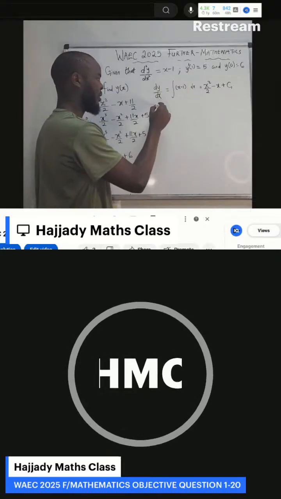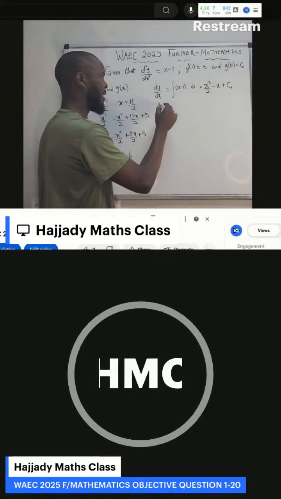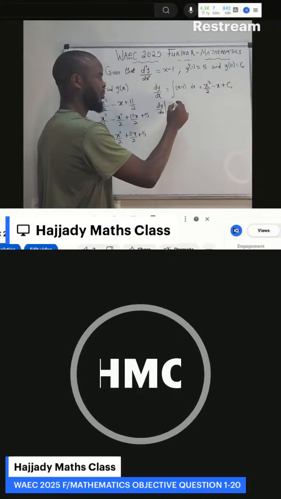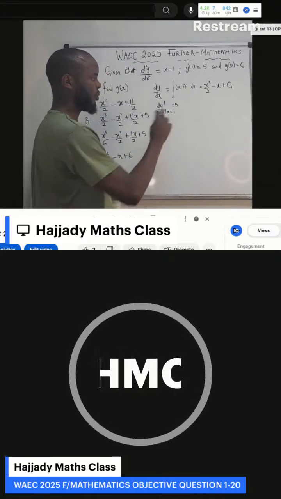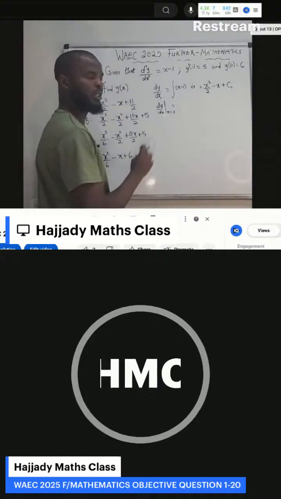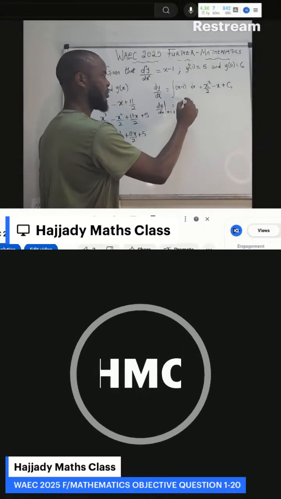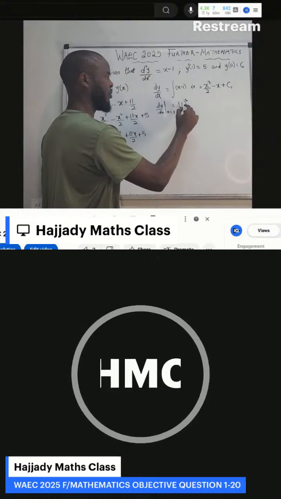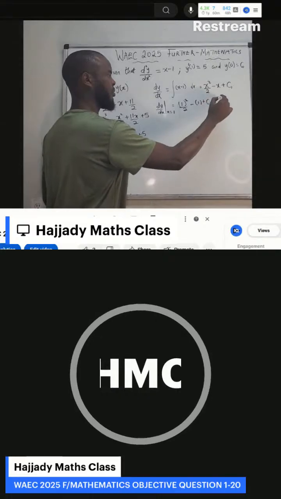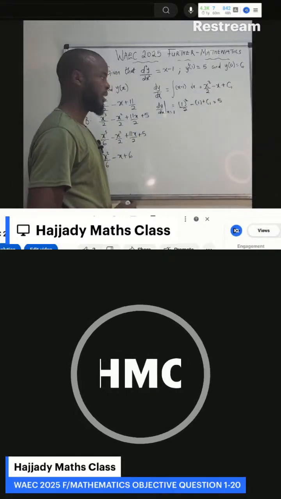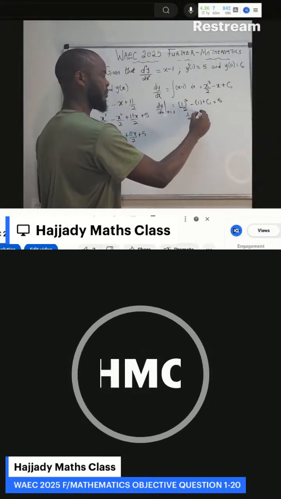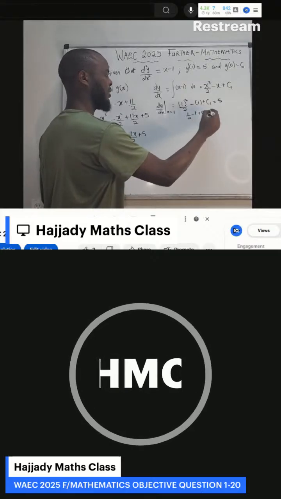Now, for the first derivative, when x equals 1, you want to equate this to 5. So what this is telling you is to plug x equals 1 into this equation. Here we have 1 squared over 2 minus 1 plus c1 equals 5. So 1 over 2 minus 1 plus c1 equals 5.